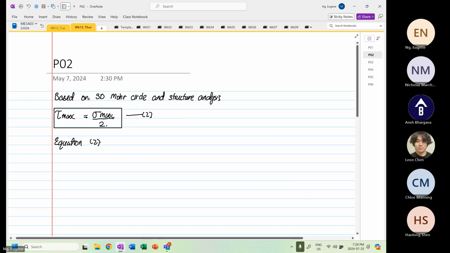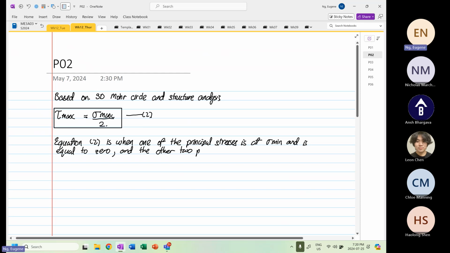It is when one of the principal stresses, the mean stress, is equal to 0, and the other two principal stresses are either both positive or both negative.